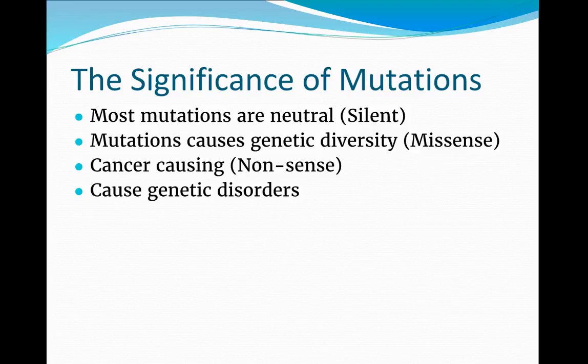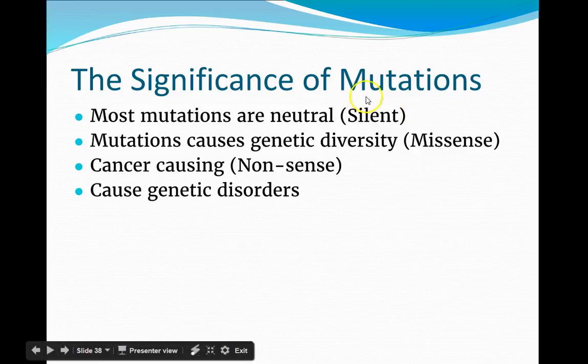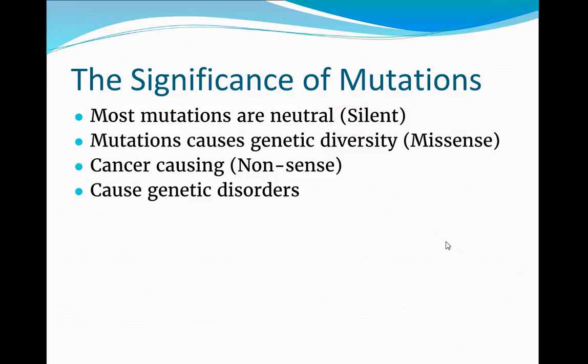However, many mutations still happen in organisms, and most mutations are neutral. They don't impact that person or that organism, so we consider them silent mutations. However, a lot of times these mutations do cause slight little variations and cause missense, and sometimes these missense mutations help an organism out.